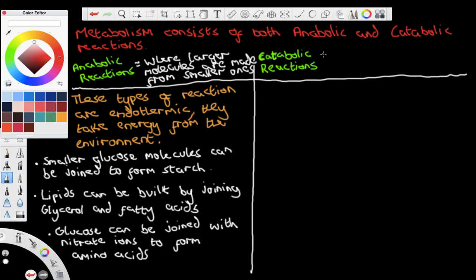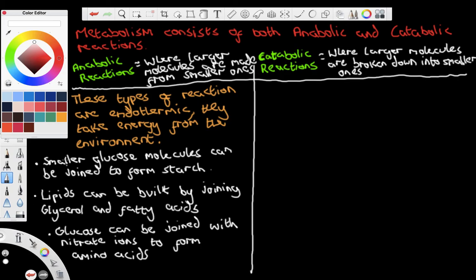So, a catabolic reaction is where larger molecules are broken down into smaller ones. Now, these type of reactions tend to be exothermic.